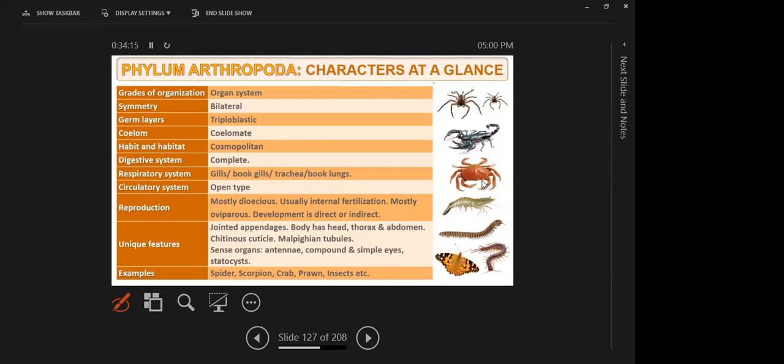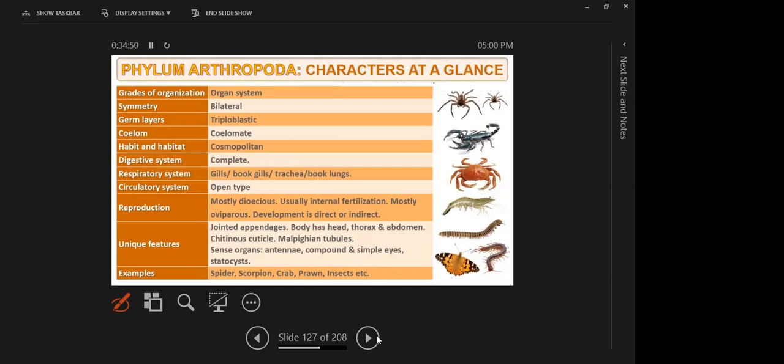Circulatory system is open, and they are mostly dioecious with internal fertilization, mostly oviparous, and development is direct or indirect. Joint appendages, body has head, thorax, and abdomen. Chitinous cuticle, malpighian tubules for excretion. Sense organs are antenna, compound and simple eyes, statocysts. Examples: spider, scorpion, crab, prawn, insects, etc.